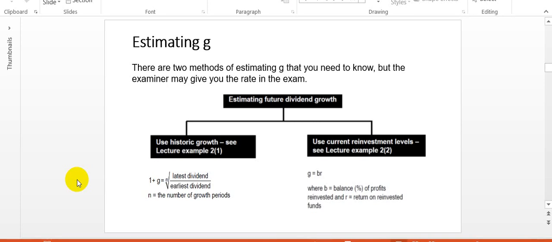So you have to make G the subject of the formula, so the 1 has to move to the other side as a minus, so you have to subtract 1 to come up with your G. N is the number of growth periods. You don't actually count the number of years given in the question, but you count the periods in between the years to get your N.